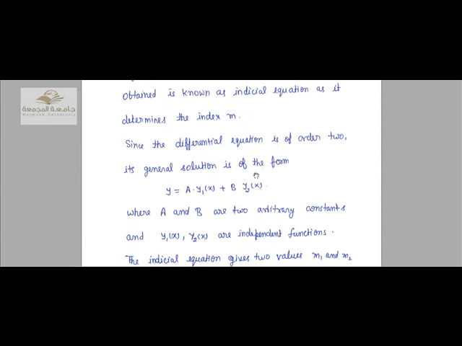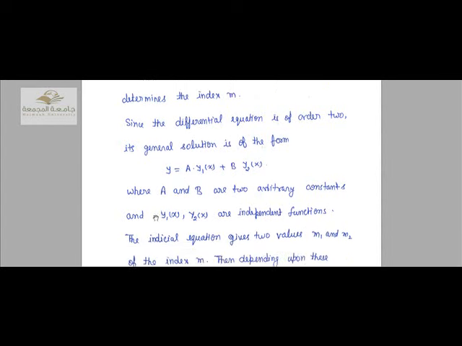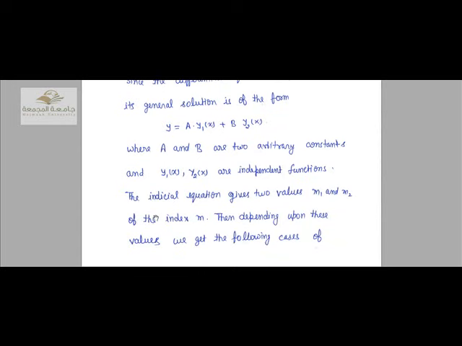Since the differential equation is also of order 2, its general solution is of the form y is equal to a y1(x) plus b y2(x), where a and b are two arbitrary constants and y1, y2 are independent functions.